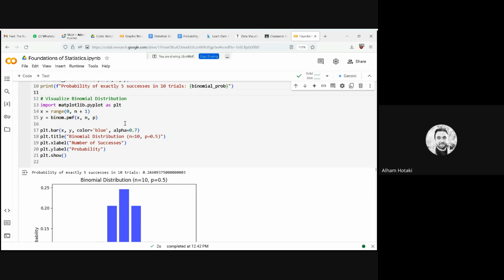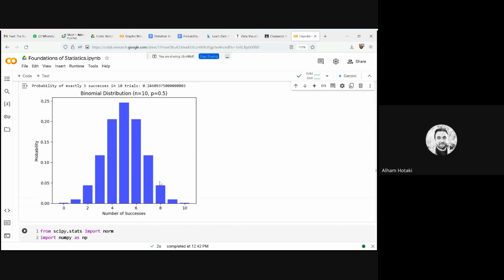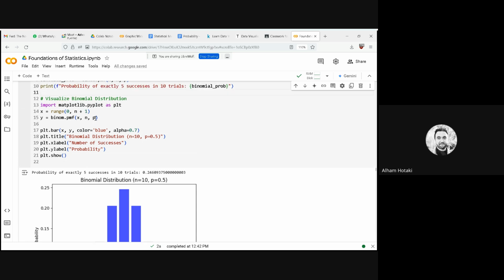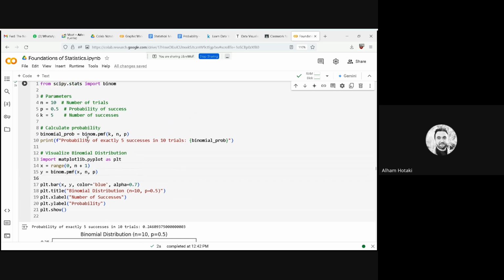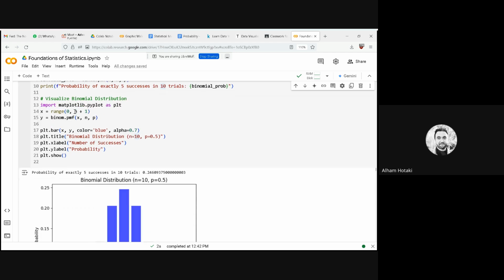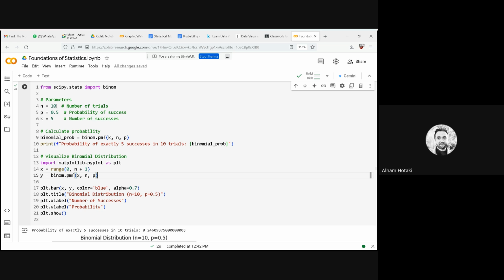Now let's visualize this, for example. This is how we had 10 times, so this is 10 times we flip a coin. And this is how we prepare the range of 0 to n plus 1. N plus 1 is 10 plus 1 because you have to include 10. If you put just n here, it will be till 9 because 10 is not included in Python.